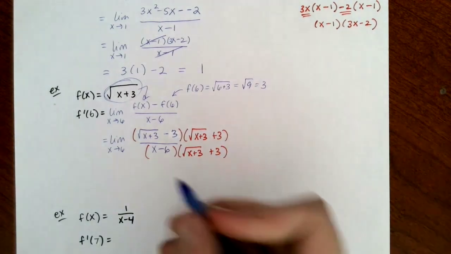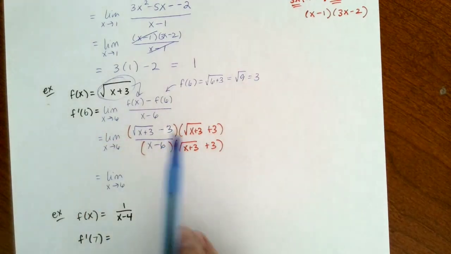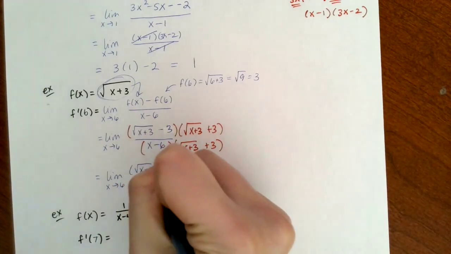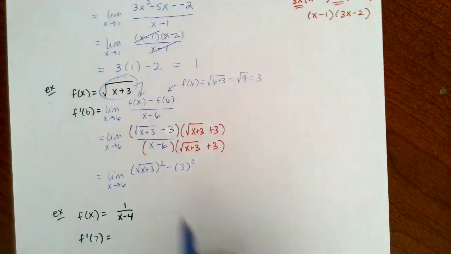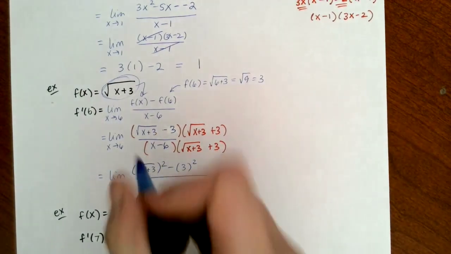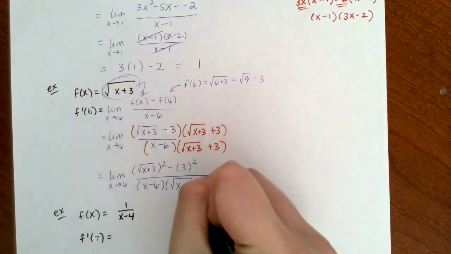Okay, so in the numerator, I'm going to have a minus b times a plus b. So it'll come out to a squared minus b squared. And then on the bottom, nothing magical happens. It's just going to stay exactly how we see it here. So x minus 6 times root x plus 3.